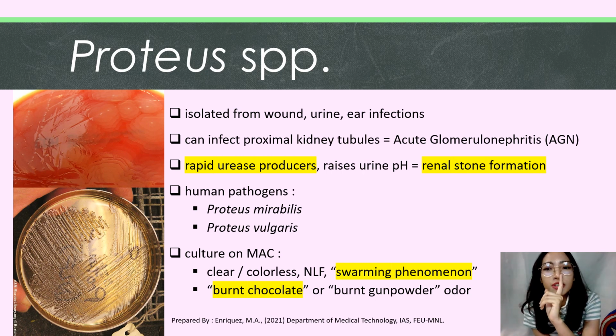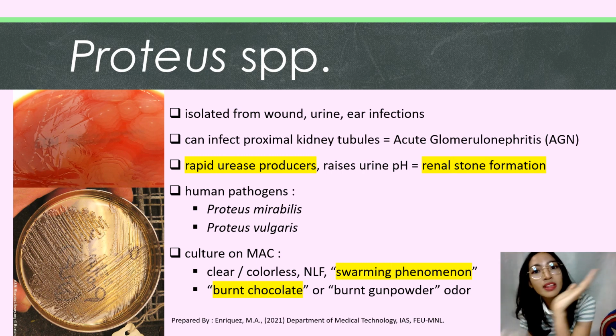Now, in your future analysis of urine and other body fluids, or AUBF classes, matututunan nyo po that there are different types of urinary crystals, as well as at which pH environment do they form. Okay? So, some crystals would form in an acidic environment. Yung iba naman po, they don't care.